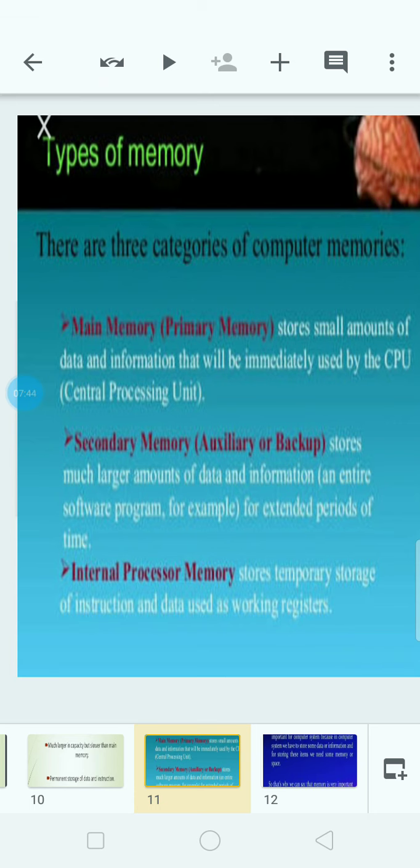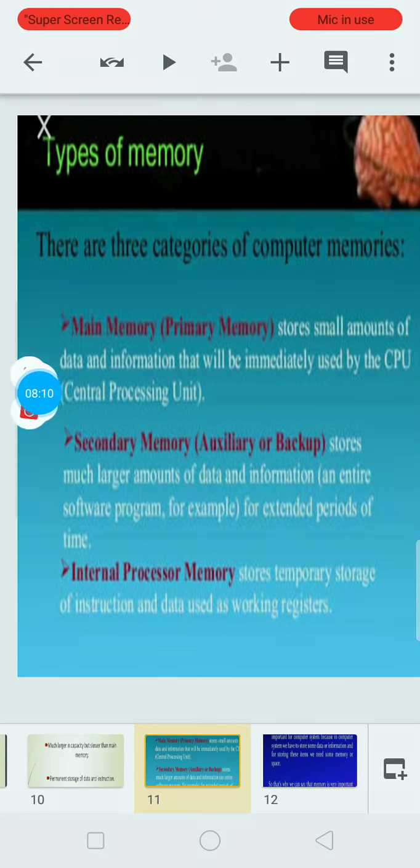Secondary memory, that is auxiliary or backup, stores much larger amounts of data and information, an entire software program for example, for extended periods of time. Internal processor memory is the temporary storage of instructions and data used as working registers.